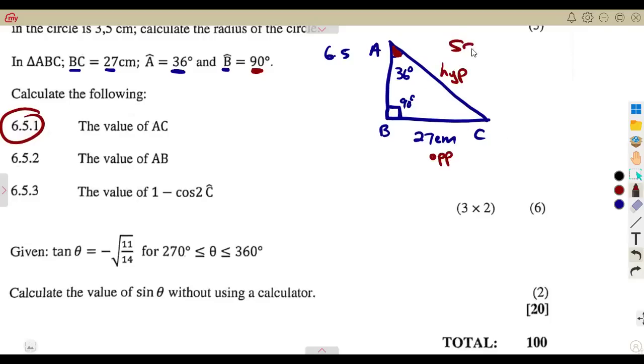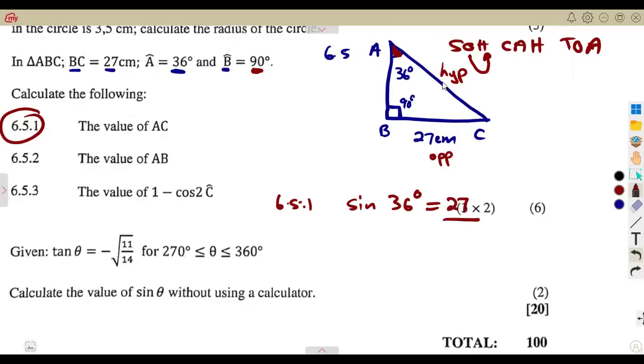Which ratio from our SOHCAHTOA concept uses the opposite and hypotenuse at the same time? That's the sine ratio. So the sine of 36 degrees is equal to the opposite over hypotenuse, which is 27 over AC, which you need to calculate.